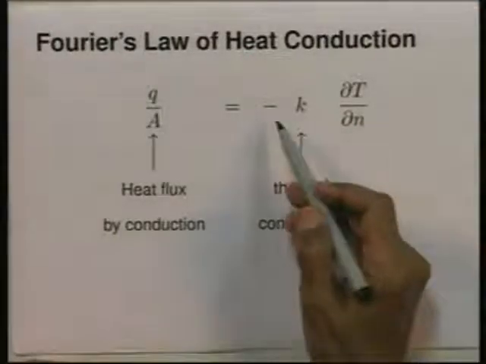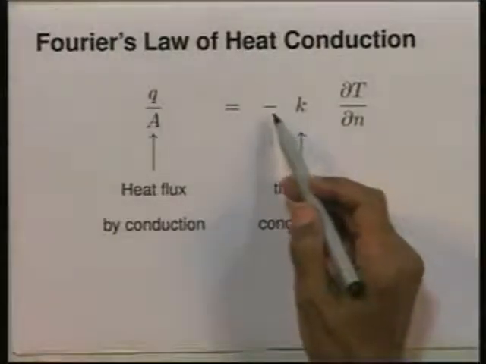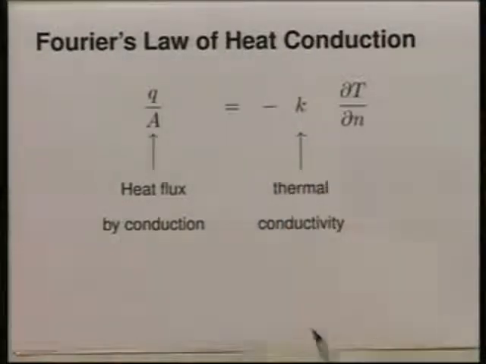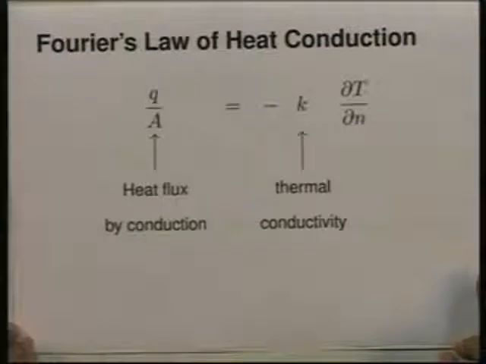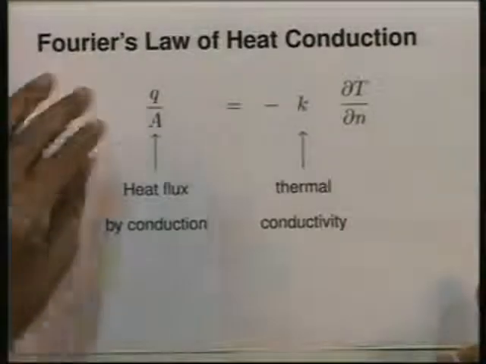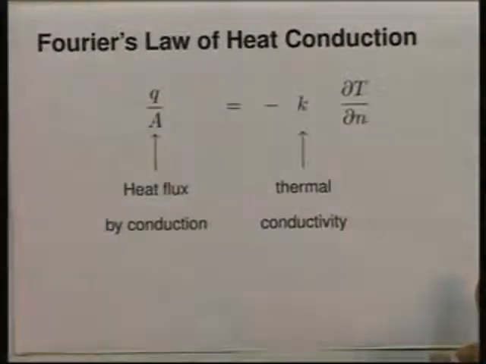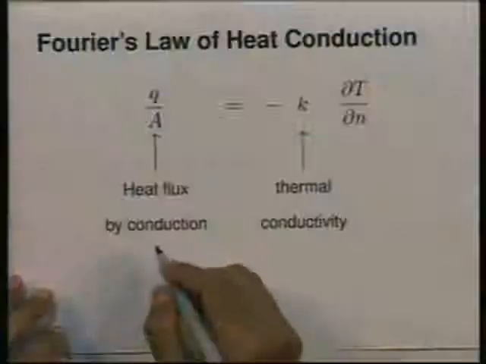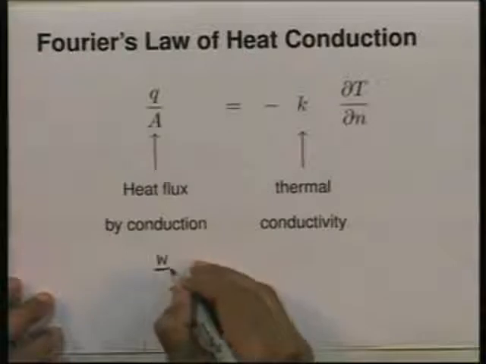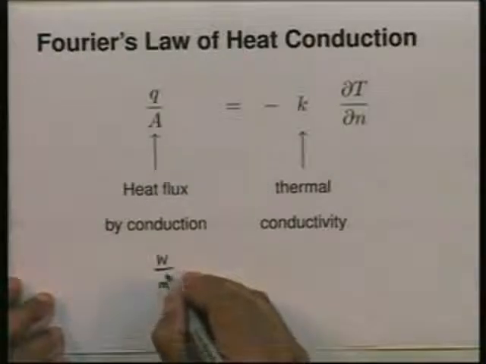Now notice I have put a negative sign there, and I will talk about the need for that sign in a moment. But first let us look at the units of the quantities involved. Q by A is the heat flux by conduction in a particular direction. Q by A stands for the heat flow rate per unit area. So the units would always be watts per meter squared.